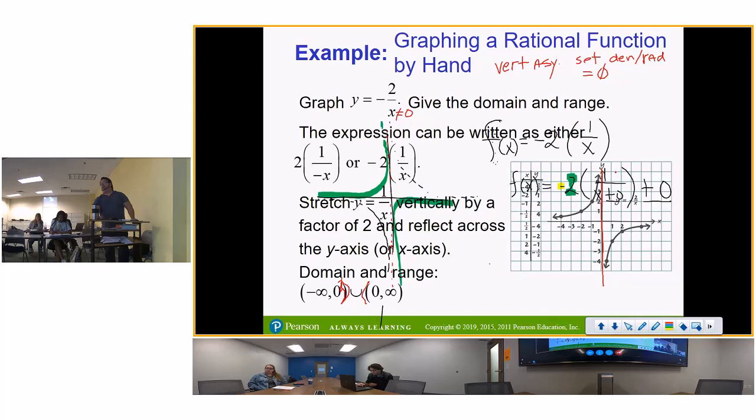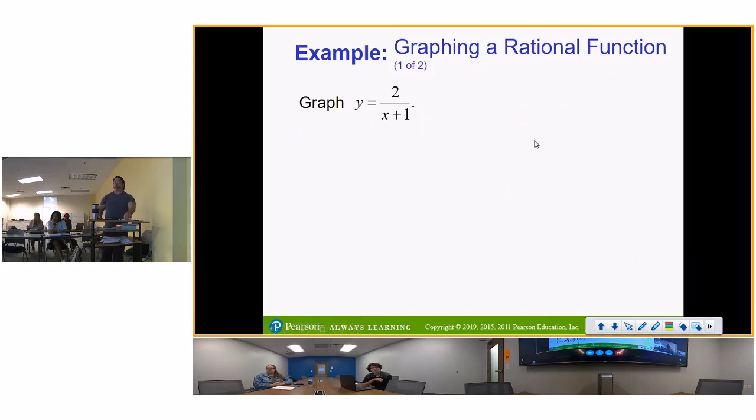Positive infinity. Now, there is a way to find the horizontal asymptote. We will get to that eventually. And it has to do with the degree of the denominator and the degree of the numerator. This one is 0 because you have a constant, -2, and we'll get to that.